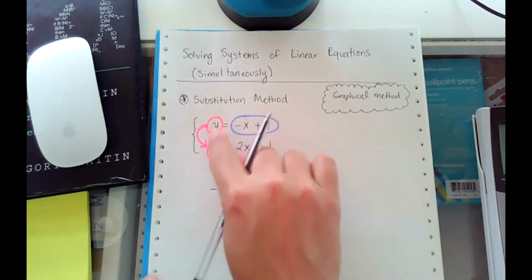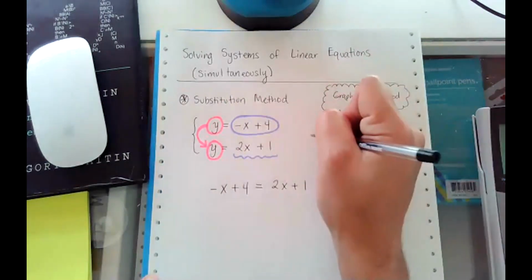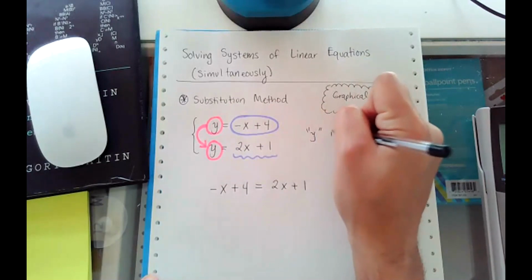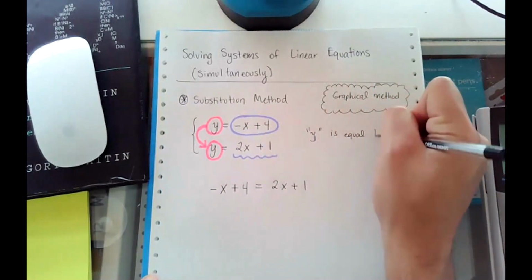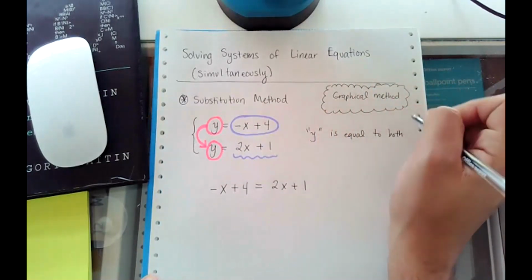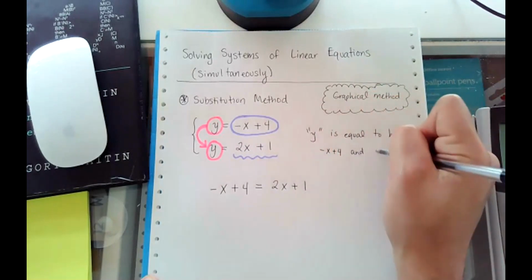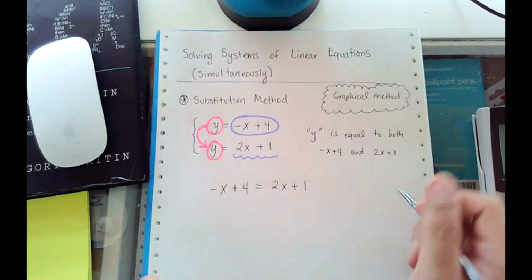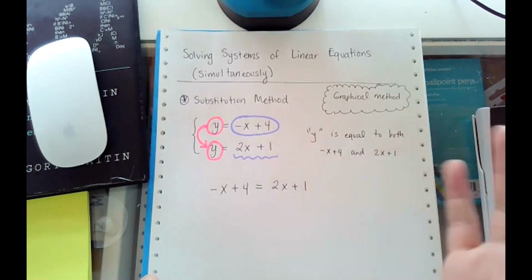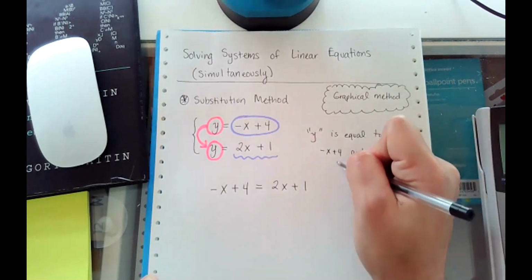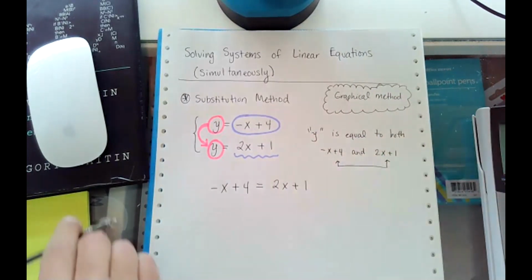Right, because this is saying y has to be equal to both negative x plus 4 and 2x plus 1. So if y is equal to both of them at the same time, then it must be true that these two are also equal to each other.